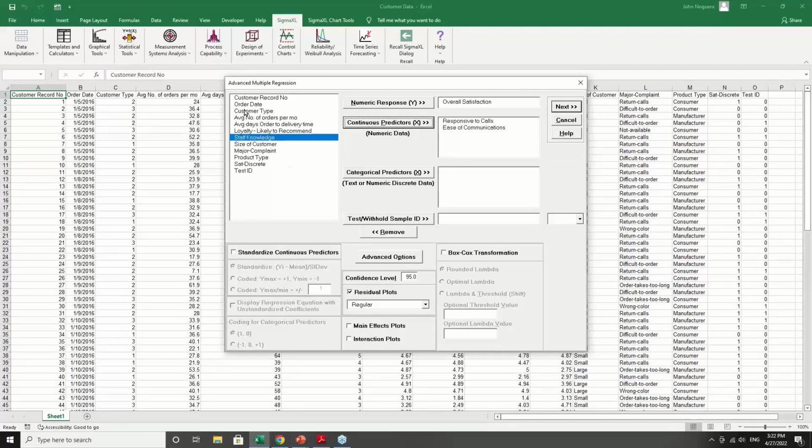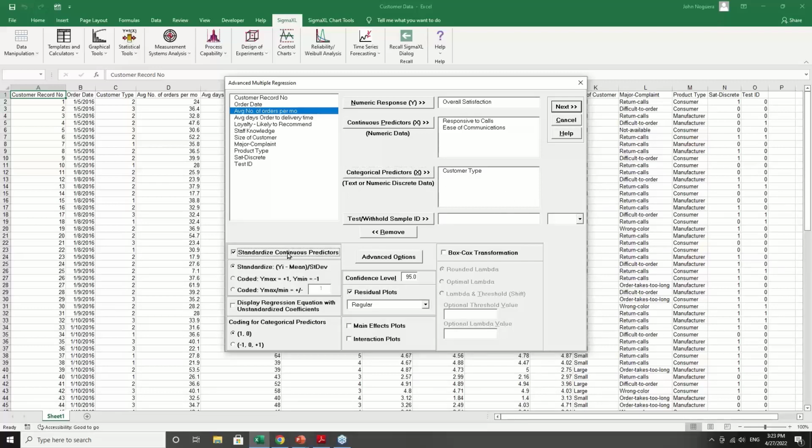my continuous predictors, and customer type as my categorical. In the first webinar, we ended up removing customer type. Now I'm going to start off by including it, and let's just see what happens with the various automatic selection methods and what we end up using.